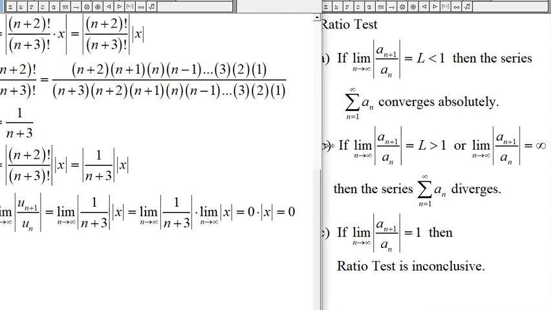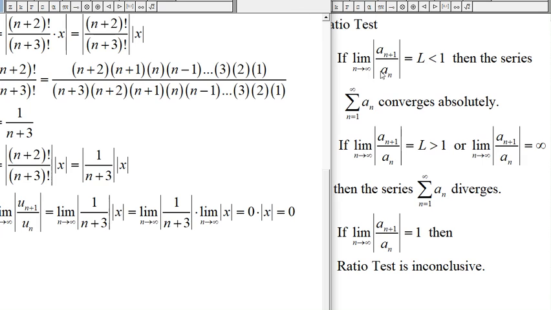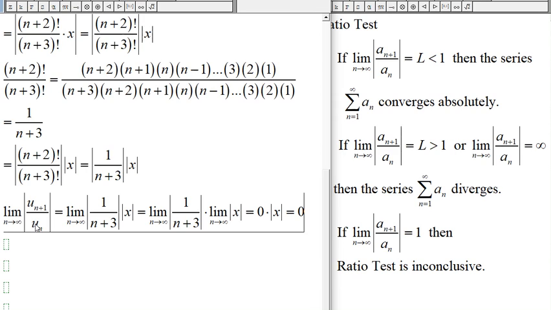And recall that with the ratio test, the regular infinite series converges if the limit of a sub n plus 1 divided by a sub n is less than 1. But here we have the limit of u sub n plus 1 divided by u sub n equal to 0, which means that it's already less than 1.